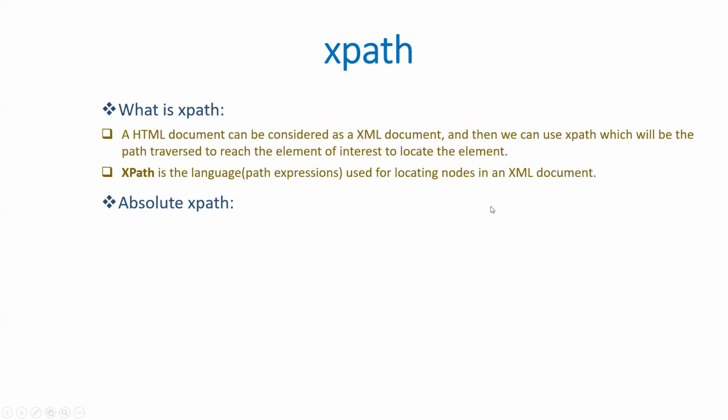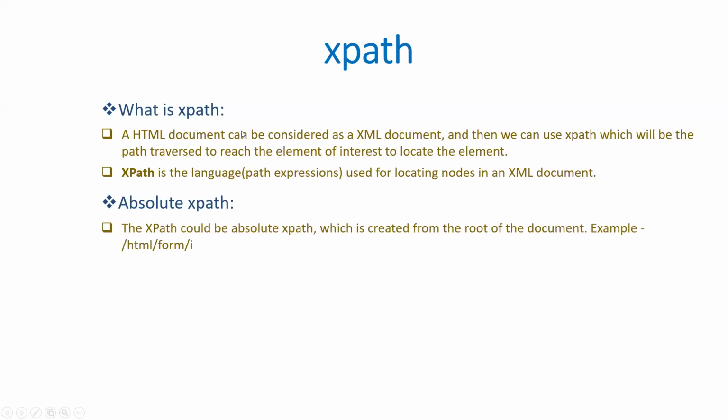Okay. And XPath are two types. There are two types of XPaths. One is absolute XPath, or we can call it full XPath. Absolute XPath always begins with /HTML. Absolute XPath means nothing but the full XPath defined starting from the root tag, HTML.